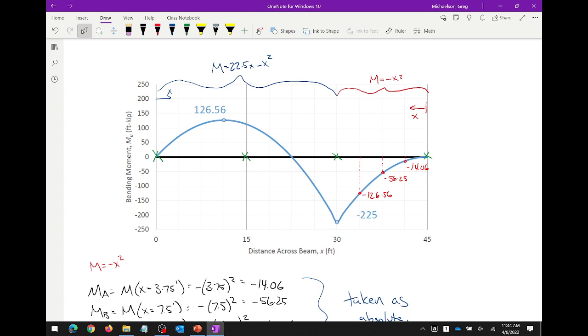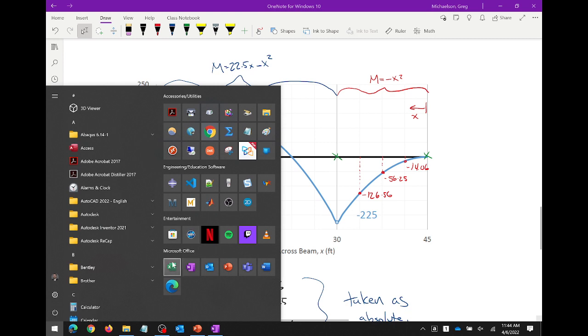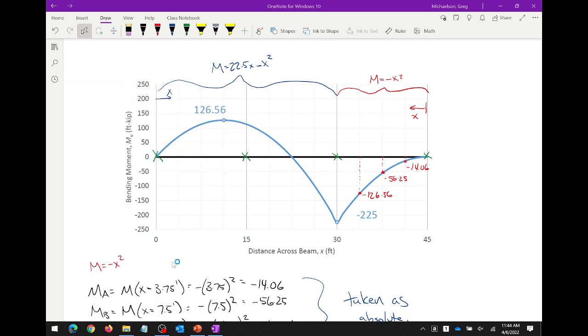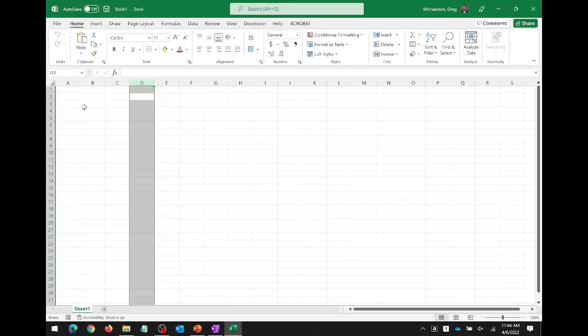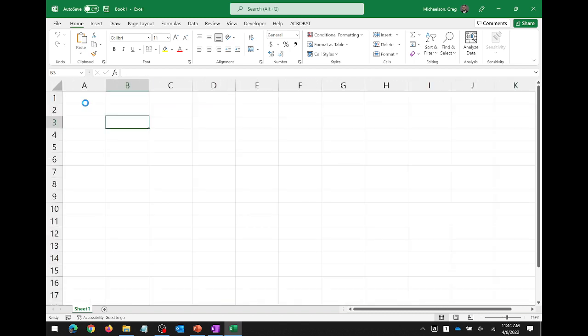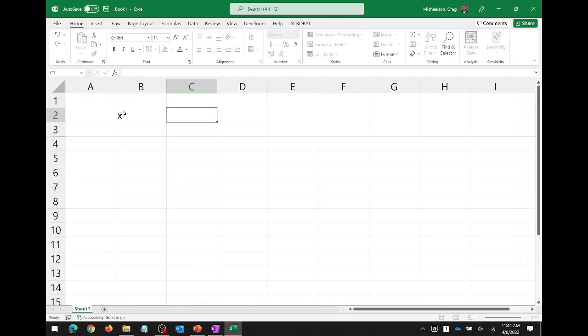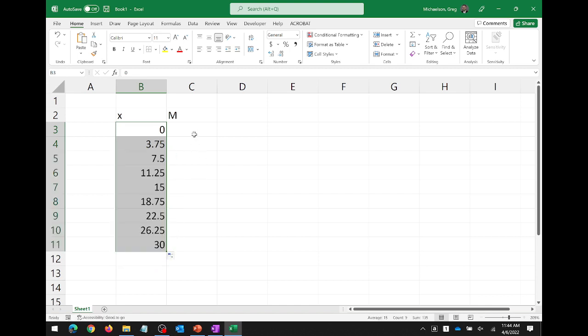So let's break out our trusty friend Microsoft Excel. Where'd this go? All right. So we have 0, 3.75, and that pattern needs to go until 30, right?